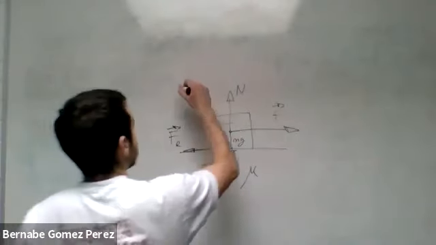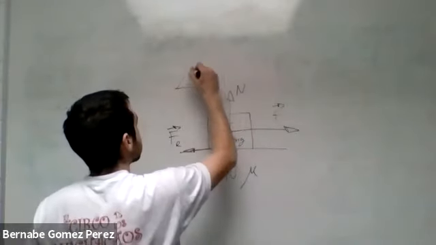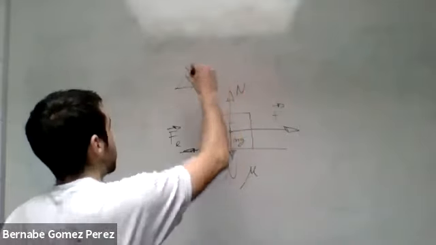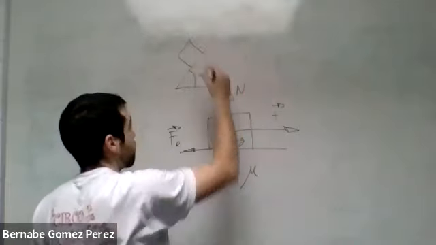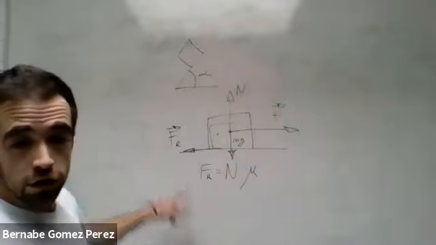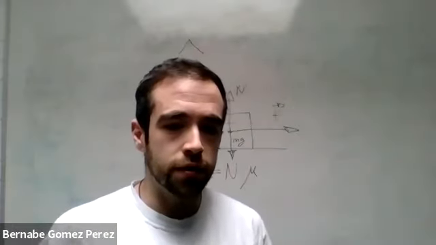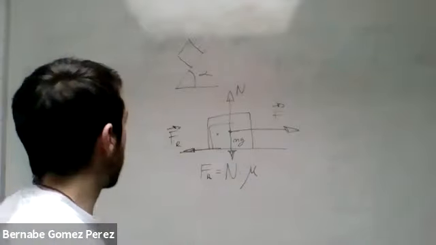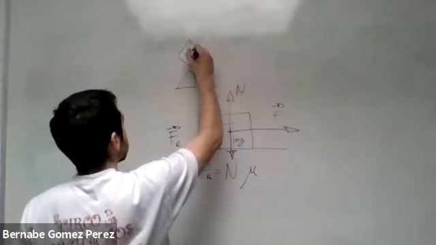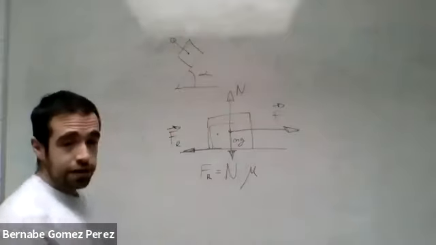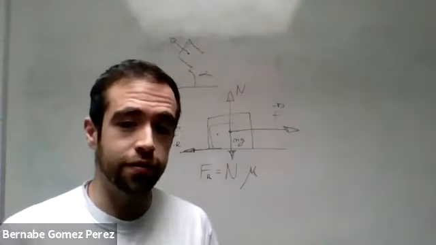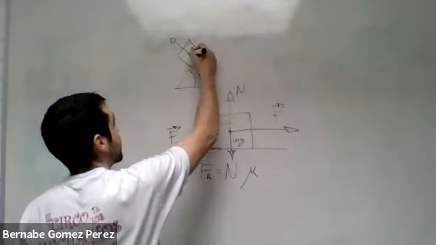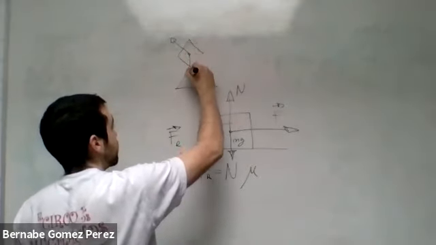That's why when you have a slope, as I was asked before, with this alpha, and you have this box, the friction is going to completely depend on the slope. Why is this? Well, this normal force in this case is not entirely the magnitude of the weight, because the weight is not acting orthogonal to the surface.